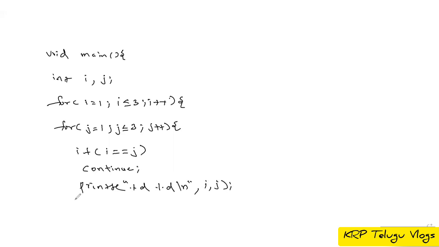Before going to this program, we'll just touch this one. If there are two for loops, how will it execute? So void main, int i, j. For i is equal to 1, i less than or equal to 3.